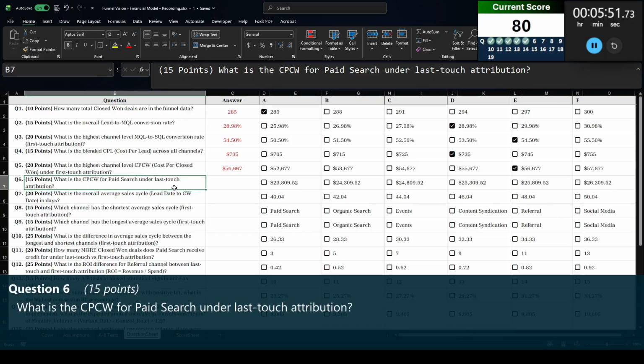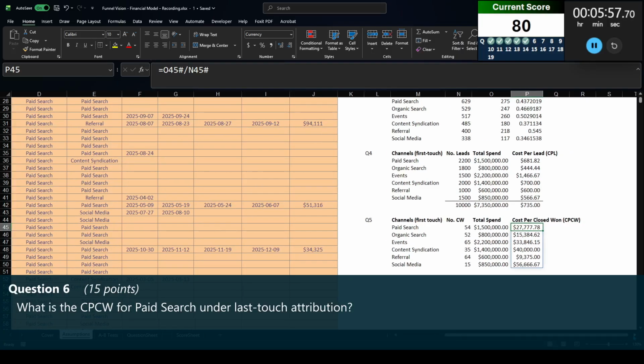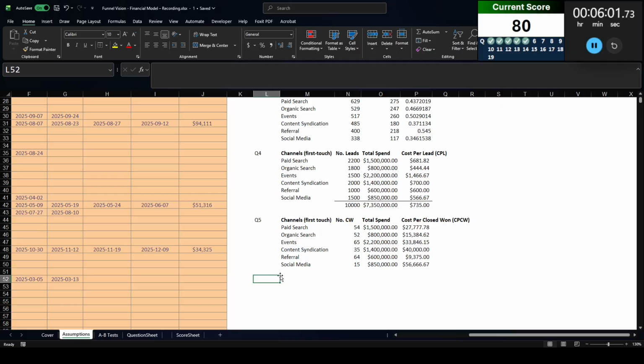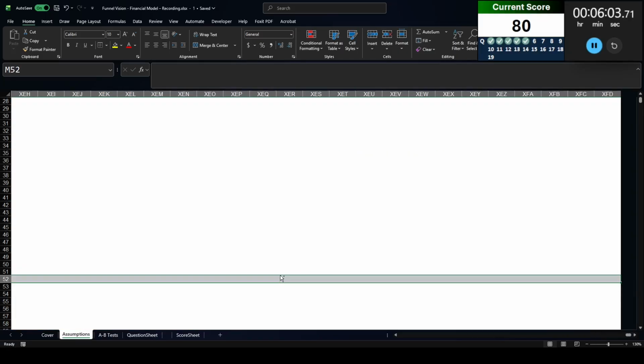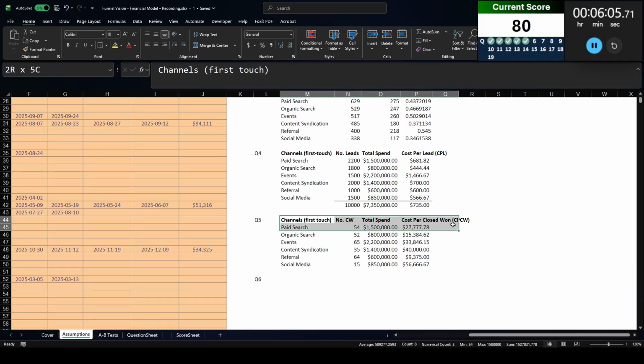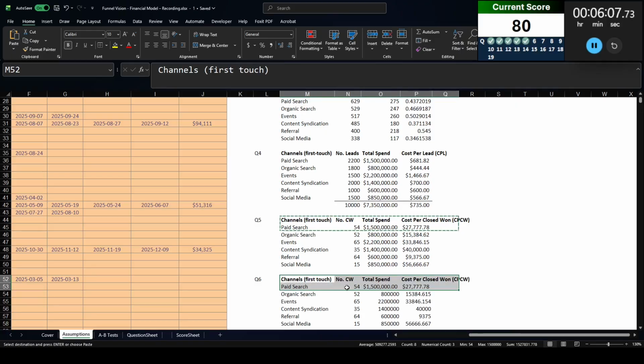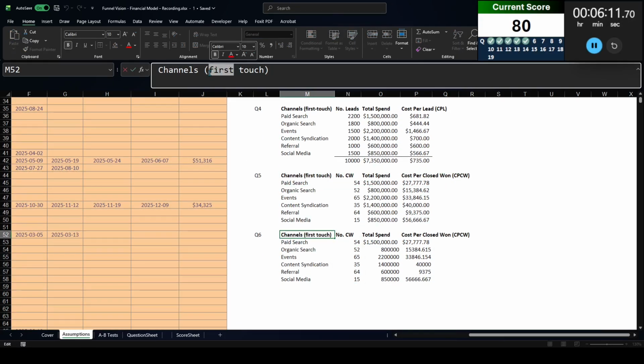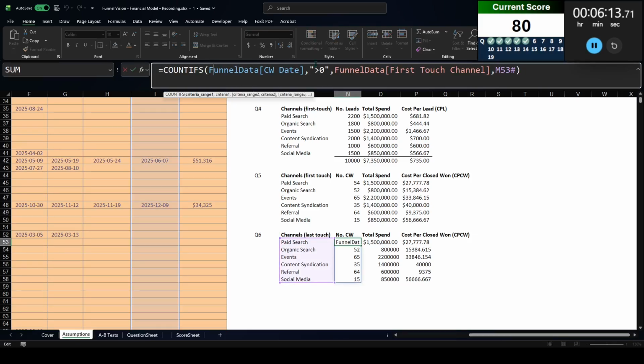Question 6. What is the CPCW for paid search under last touch attribution? Well, I just did first touch, but we can do the exact same thing for last touch. So I'm just checking my formula here because I'm wondering if I copy and paste this down to here. Okay. But we want to change this to last touch. We want to change this instead of the first touch channel that we're counting with.